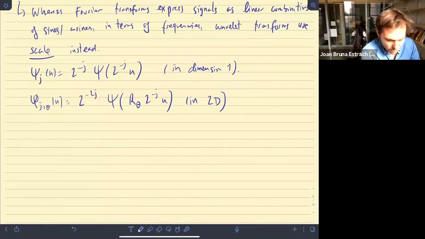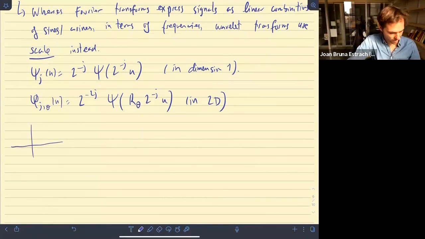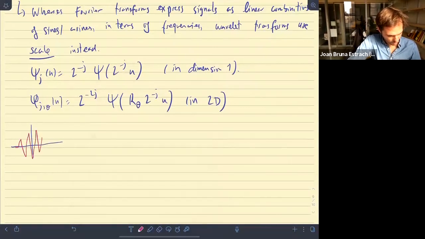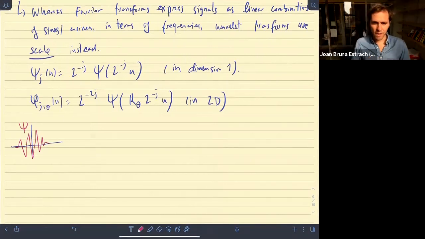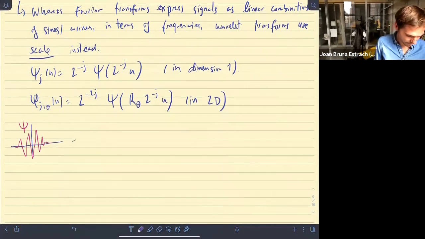Just to give you the picture, let me draw it in 1D. You would have some original wave. From this wave, I generate a family of waves, a collection of wavelets.